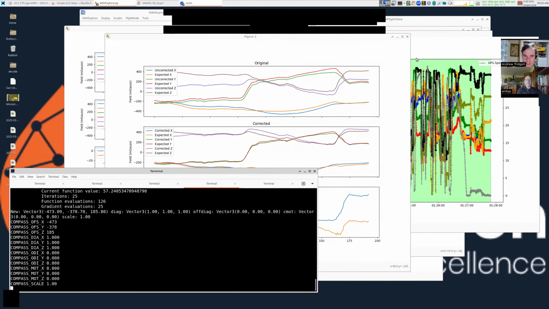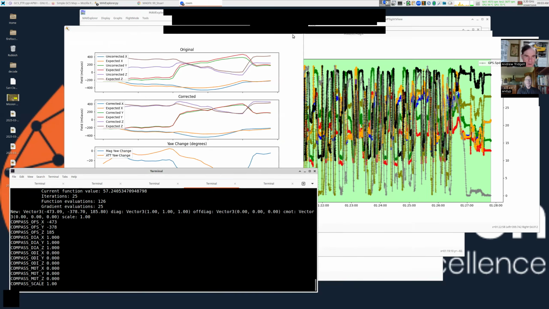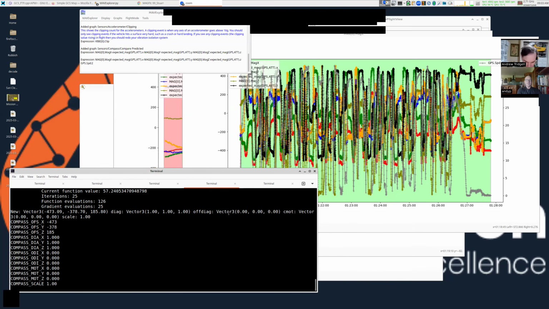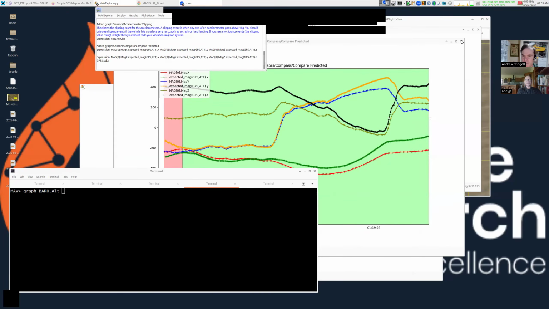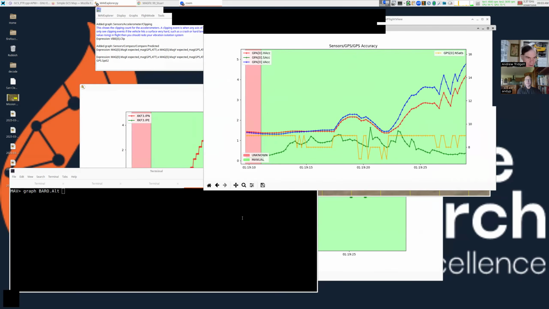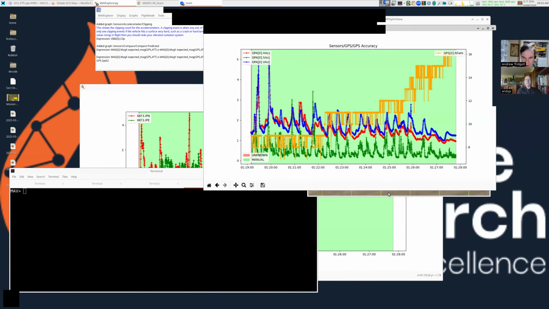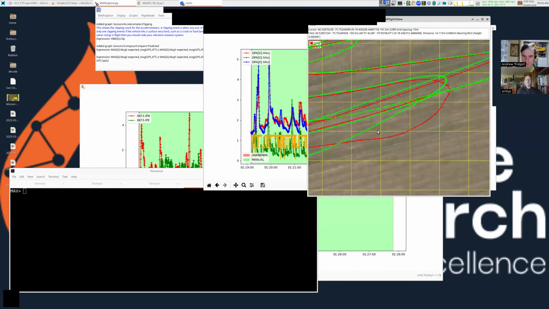The final sensor that tends to be important is our barometer, right? And if I graph the baro alt and the GPS altitude, right? So now what I'll need to do is know what the height of the ground is around where Stuart's flying, right?